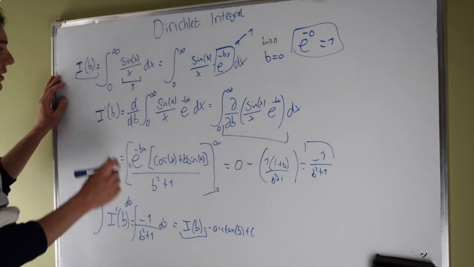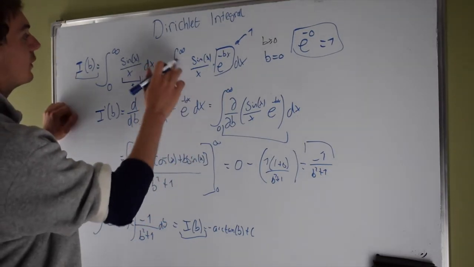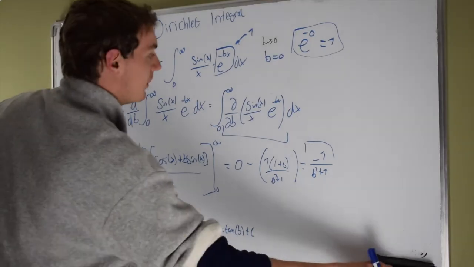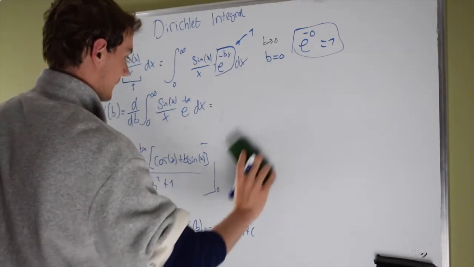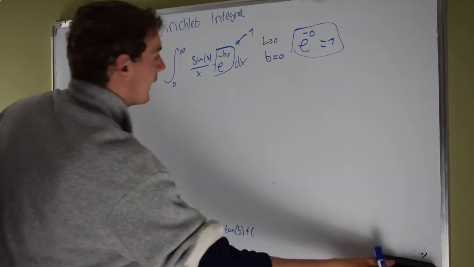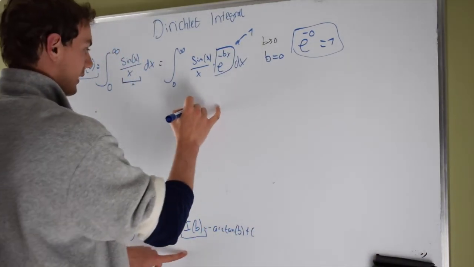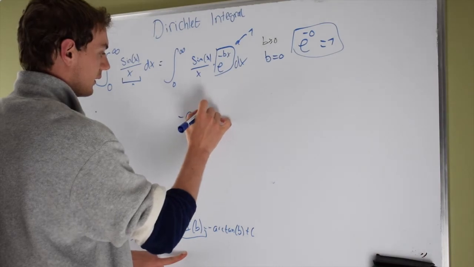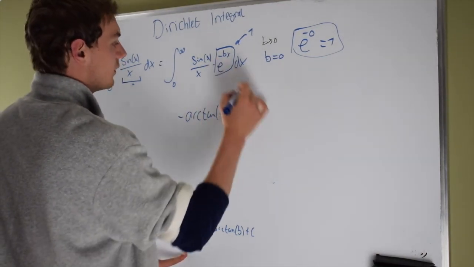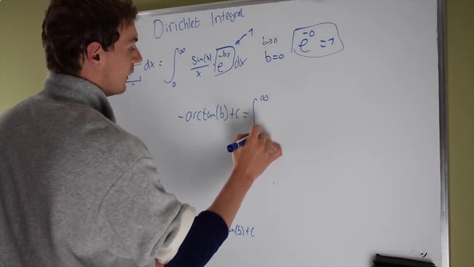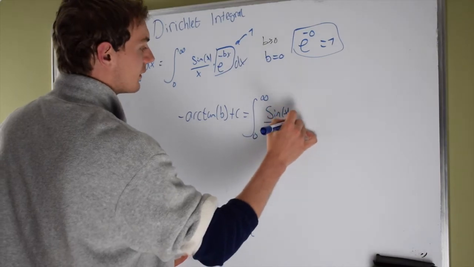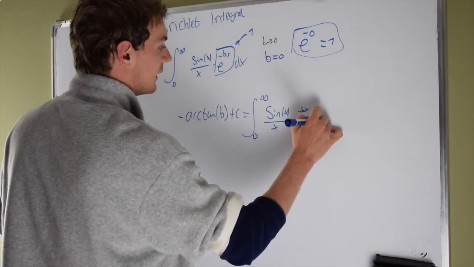So what we can do is set this equal to this. I'm going to say that minus arctan of b plus c equals the integral from 0 to infinity of sine x over x times e to the minus bx dx.